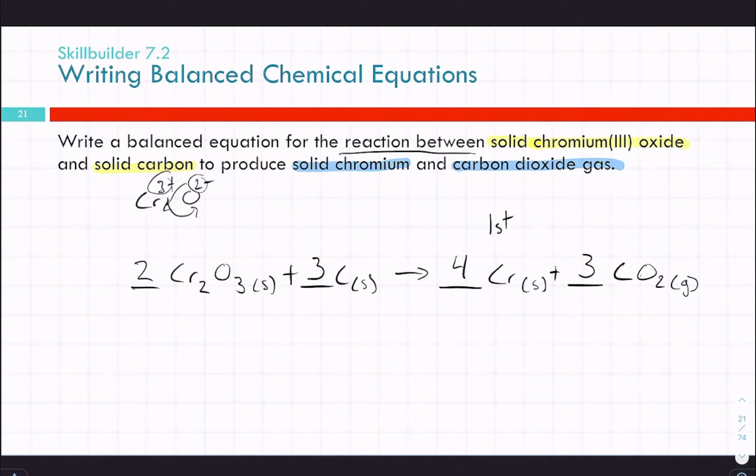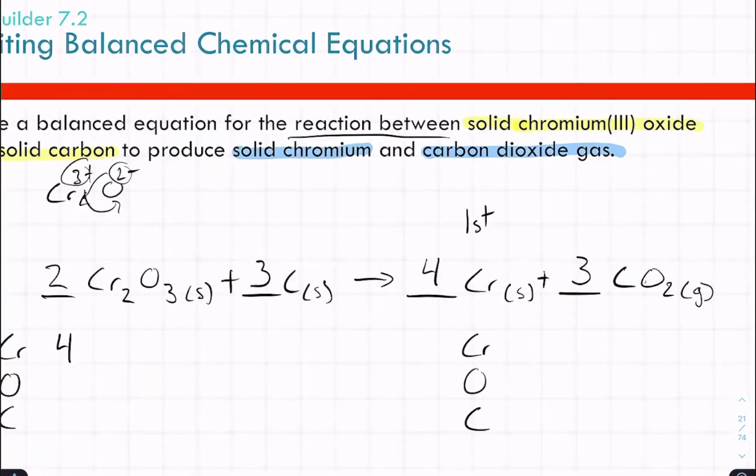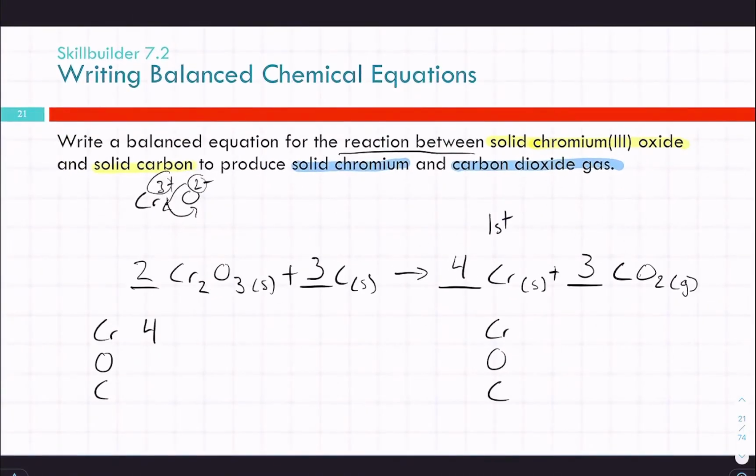So our final step here will be to write out the number of each, even though we kind of check it as we go, just to make sure we didn't leave anything unbalanced. So chromiums, 2 times 2, 4 chromiums. For oxygen, it's 2 times 3, so it's 6.